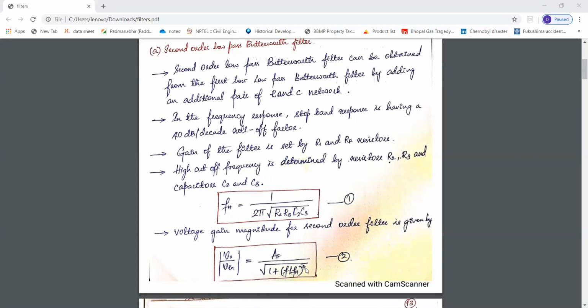Power 4 because it is second order. If it were first order, it would have been power 2 here. Here FH is the high cutoff frequency, F is the frequency of the input signal, and AF is the passband gain of the filter.